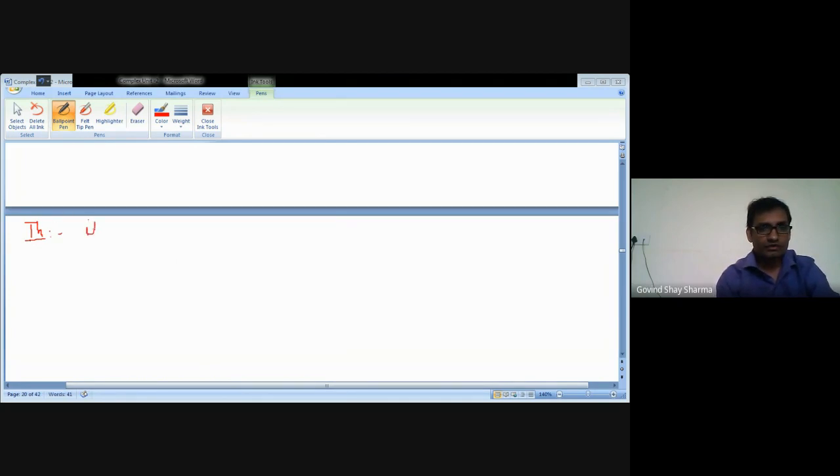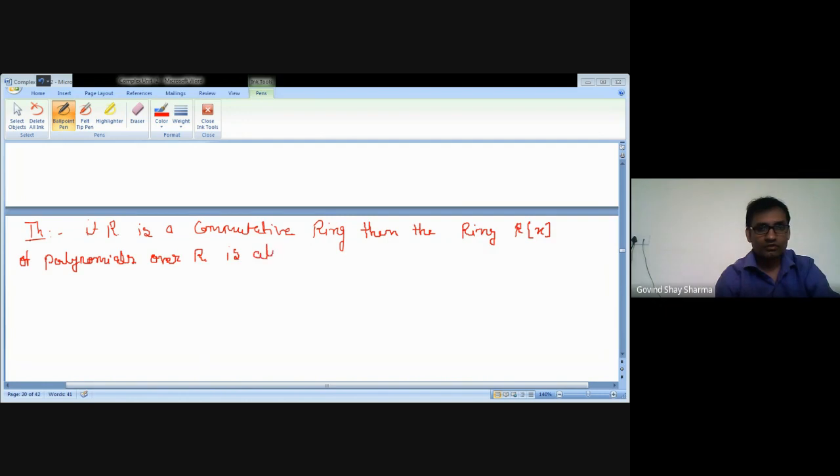If R is a commutative ring, then the ring R[x] of polynomials over R is also commutative.